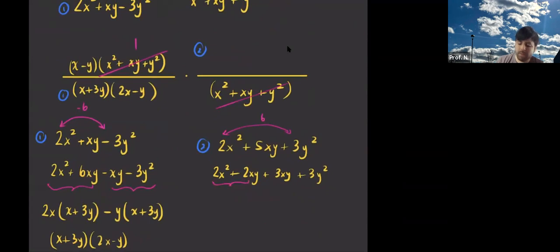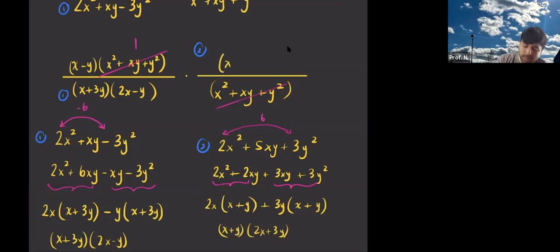And now I have these two groups here. I could take out the 2x, and I'm left with x plus y. I can take out the 3y, and I'm left with 3x plus y. Sorry, this should be just an x. And now I can factor out the x plus y, and I'm left with x plus y multiplied by 2x plus 3y.